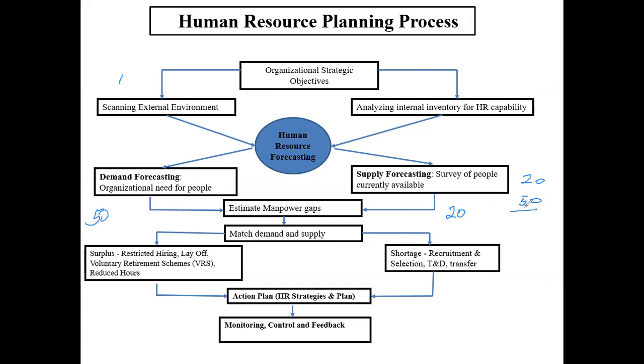So if you do the subtraction, you get 30. Because you will need additional 30 people in order to make up for what we actually wanted, which is the 50. We call this human resource deficits. We call the difference that we are going to either recruit and select or train, transfer to that place as deficit. So that is the first scenario.